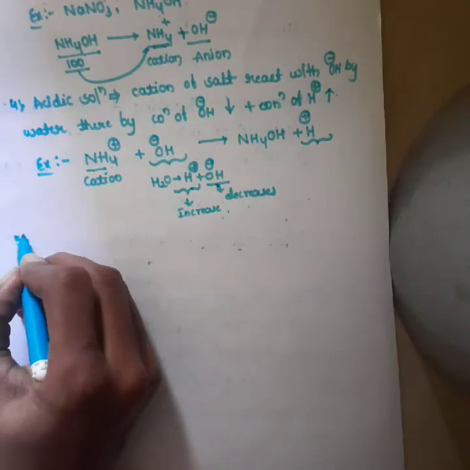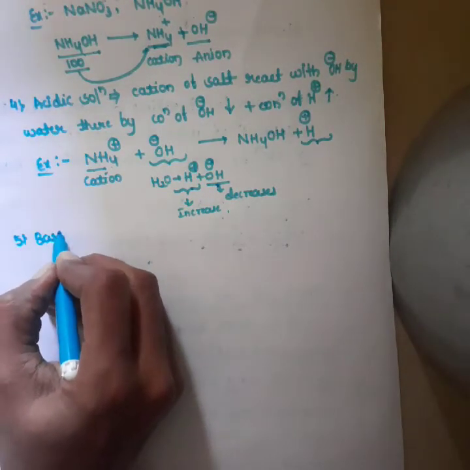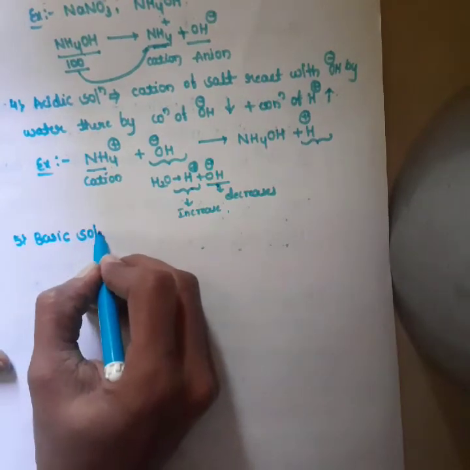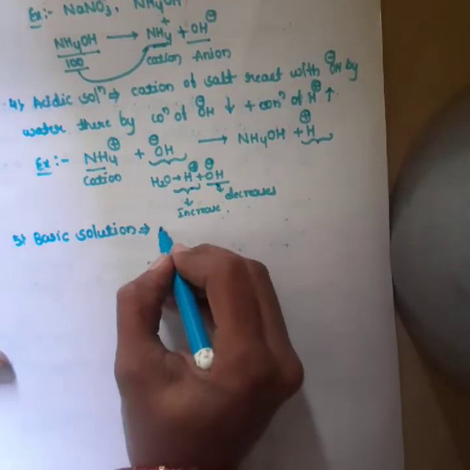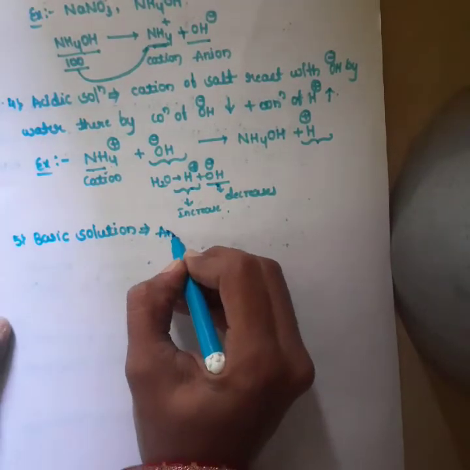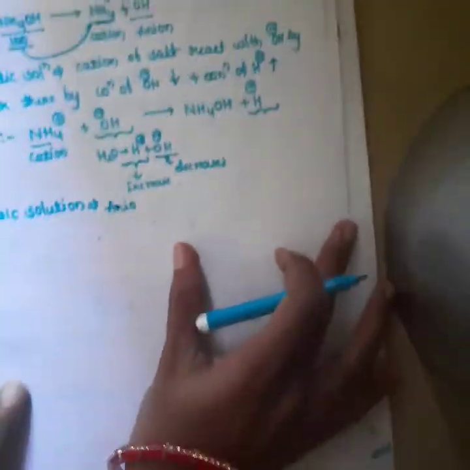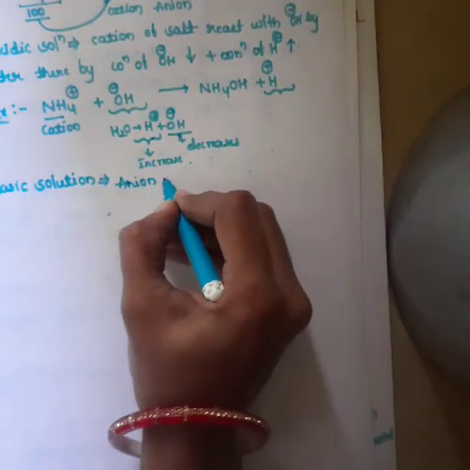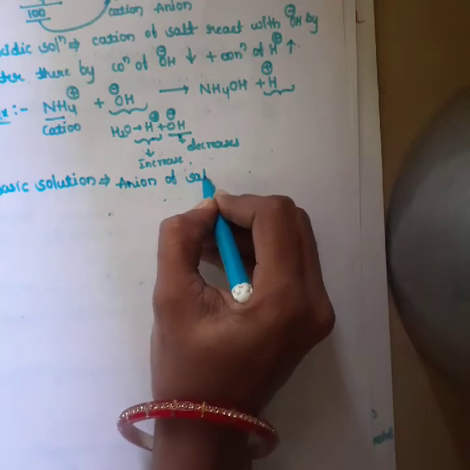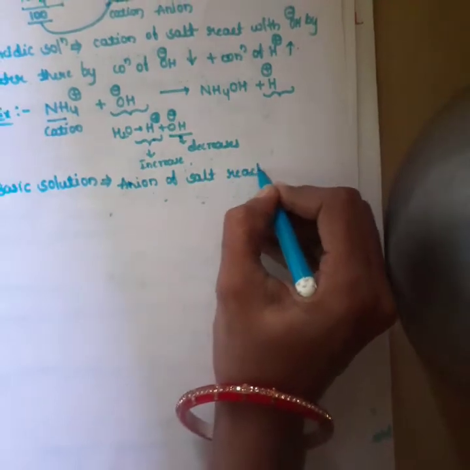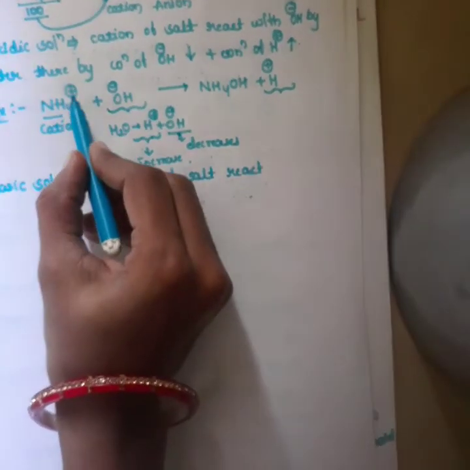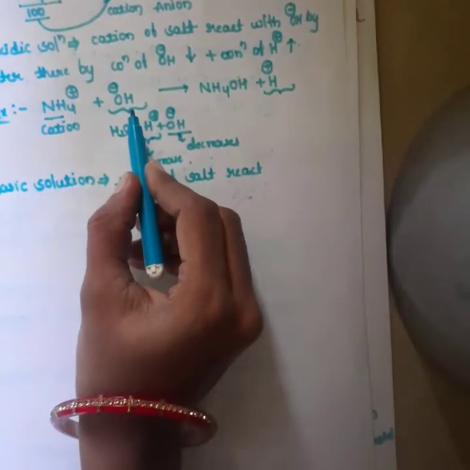Next one is basic solution. Basic solution means the anion of salt reacts with H plus ion of water. Cation means positive charge, and positive charge always reacts with negative charge.